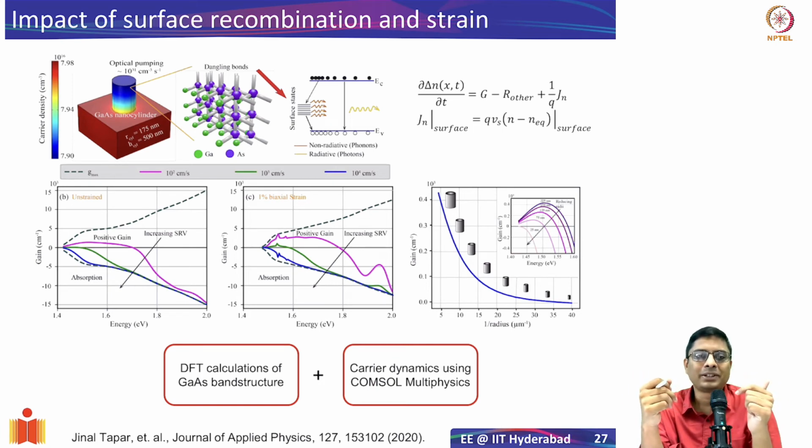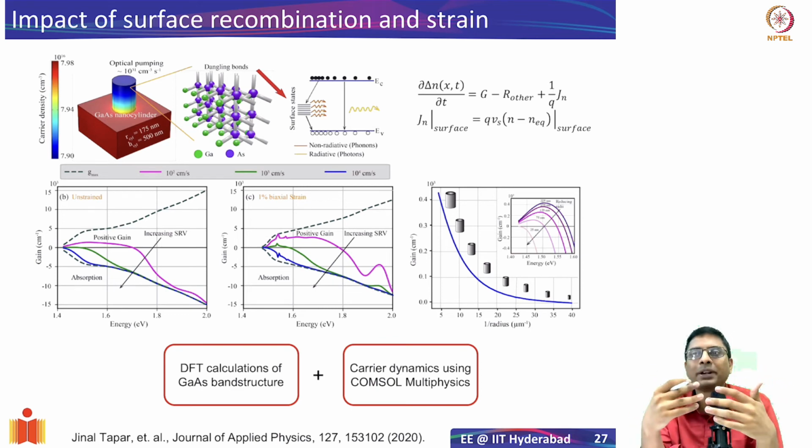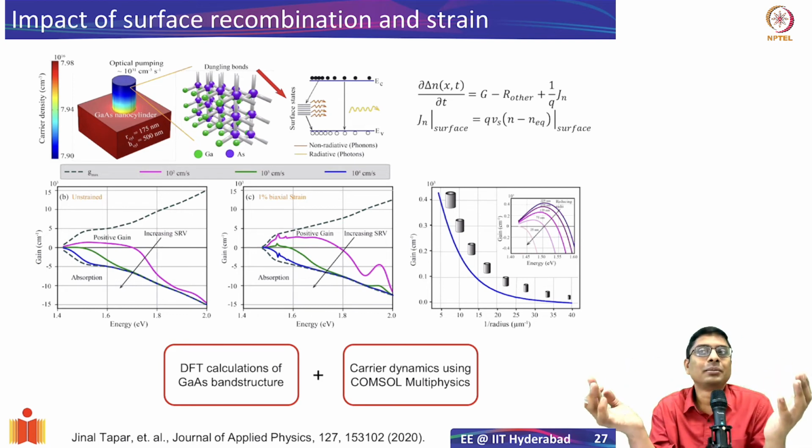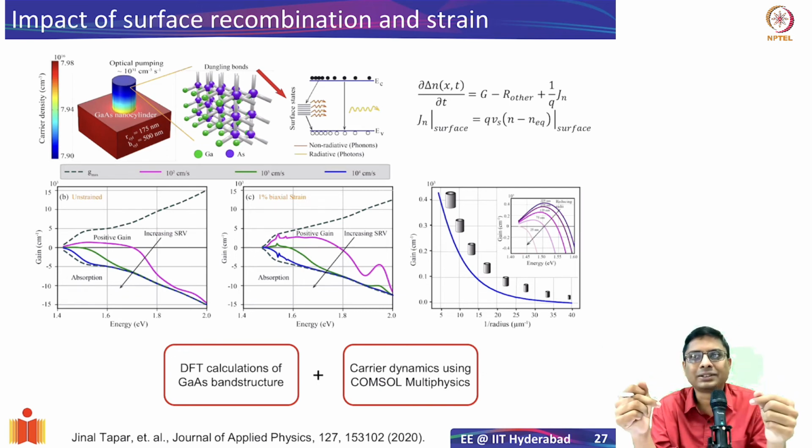Now, if you pump it, in a typical structure we'll say that we created electron hole pairs and we have gain. But the moment you consider a nanostructure, it's not true anymore, because the carriers at the surface are getting recombined through the states, and then new carriers are coming towards the surface.